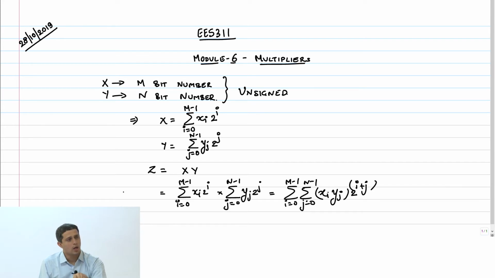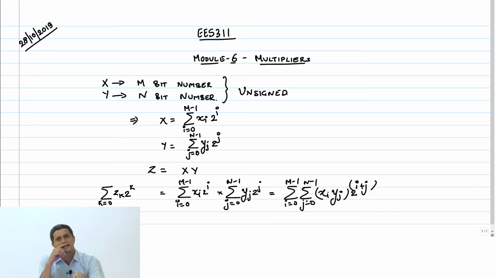And I am now going to write this as a summation of zk 2 to the power k. K is going to go from 0. So if you take i equal to 0, j equal to 0, clearly i plus j will also be 0 there. So it starts from 0.